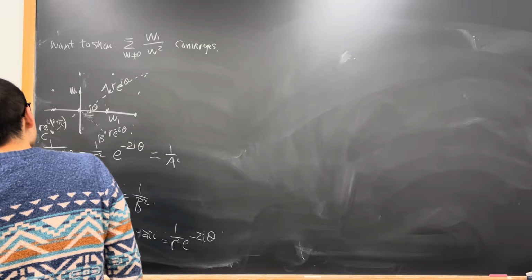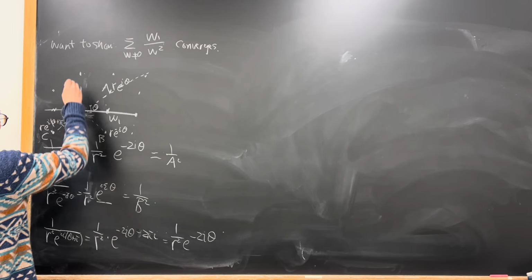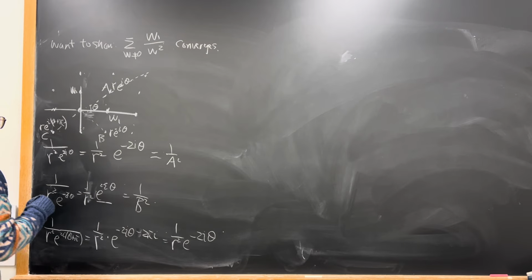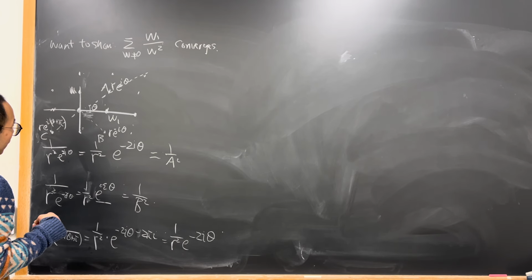And similarly, we can also show that this one is exactly the same as this one, right? Because it is just like adding an angle of 2 pi, and if you square it, it becomes something plus 2 pi, right?